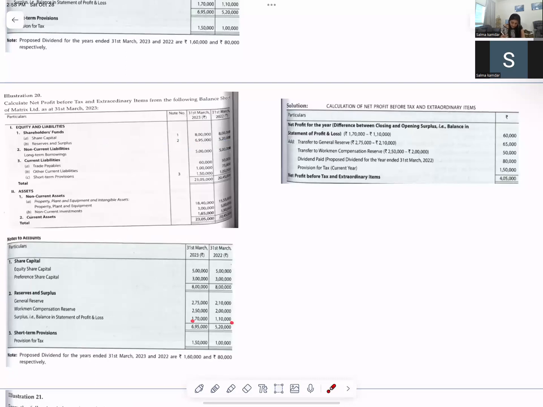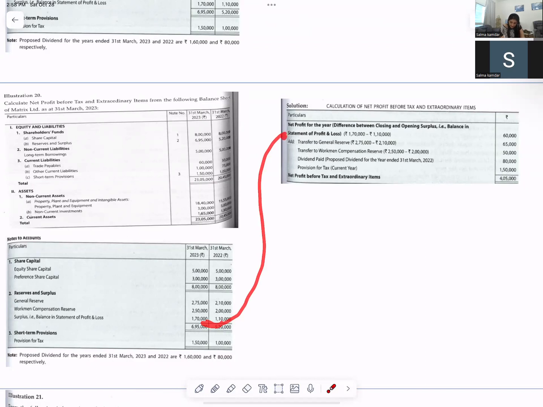You have general reserves and surplus breakup is given over here. There is general reserve, workmen compensation, and surplus in the balance sheet. So when you're finding the net profit, what will you do? Difference between closing and opening. So 170 minus 110 will be your surplus.